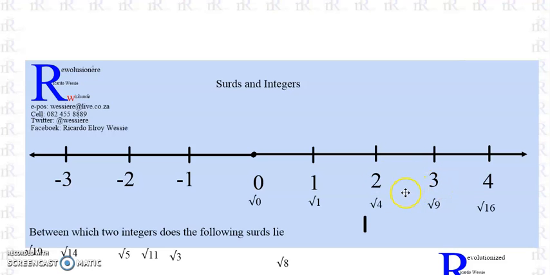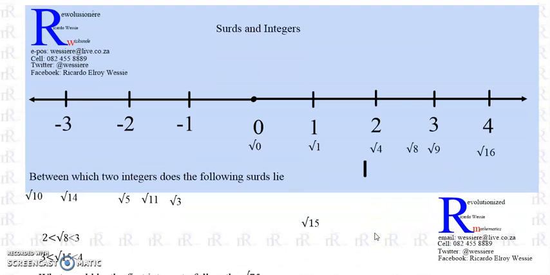If I ask you, between which two integers does the square root of 8 lie? The square root of 8 would lie between 2 and 3. And how do we write this? We write that the square root of 8 lies between 2 and 3.